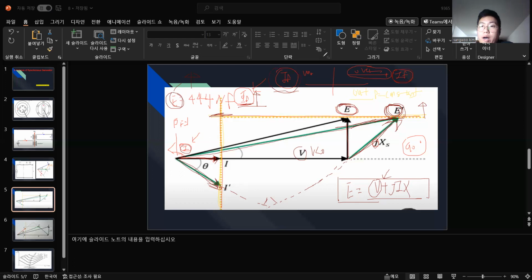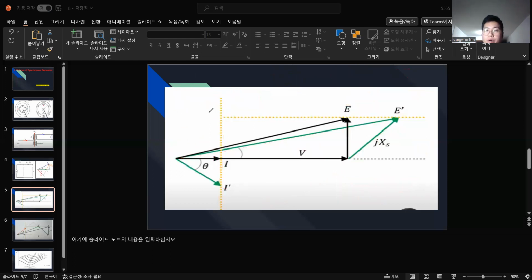And let's see. I want to explain this part. Before, I explained I at first. This is a cosine. This is a sine. So at first I is here, right? But since we overexcited, what happened? The I is here, right?